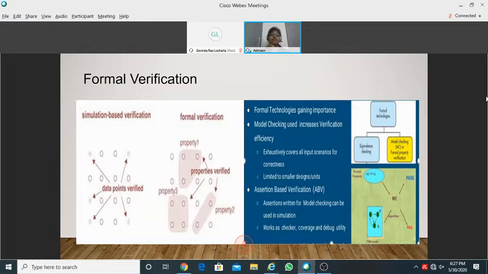So simulation is mostly driven by the data points which you know. You drive the data points which you describe, or an architect or a verification architect or a design architect thinks of. So he plans that his SOC should have these scenarios. So that is where simulation is mostly focused.